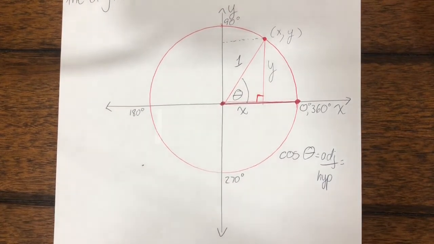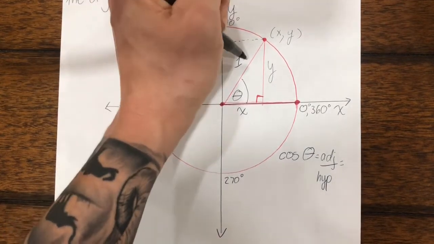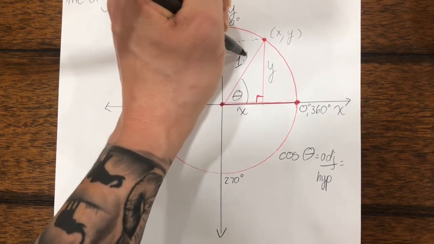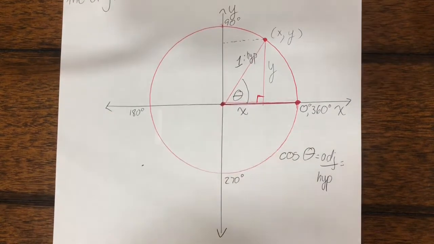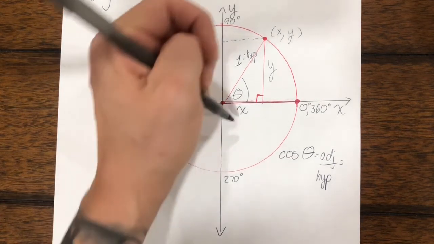As I stated earlier, the 1 represents the hypotenuse, so I'm labeling it as hypotenuse. Then we have x and y left to figure out which represents the adjacent. The adjacent would be the side that's closest to the angle measurement, which in this case is x. So x is going to be my adjacent.